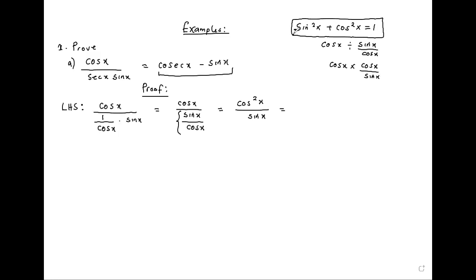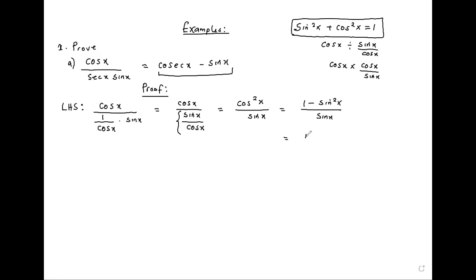So sin squared plus cos squared is 1. This means that cos squared is 1 minus sin squared. Everything is over sin x.